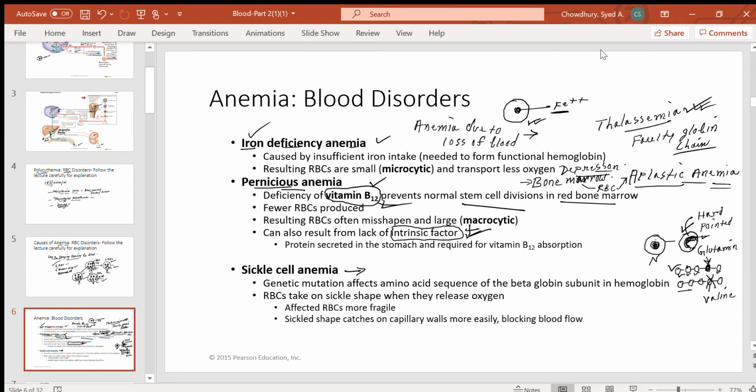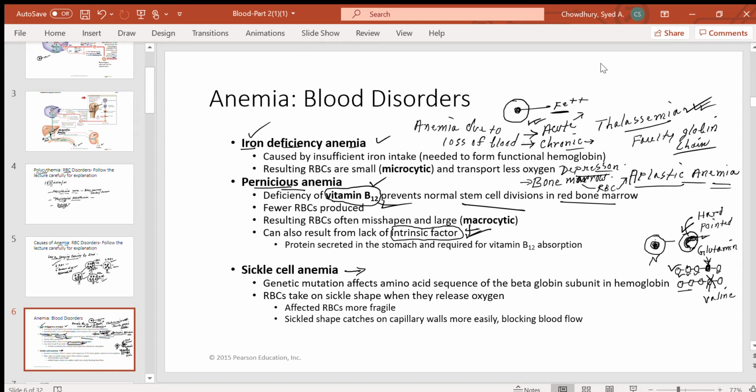Now, blood loss could be two types: acute, that means sudden lot of blood loss, and chronic, slow but for a long time. Acute is sudden and a lot of blood loss quickly, and chronic is slow but continuous loss for a long time. Both will cause decreased number of red blood cells because blood is getting out from the body.